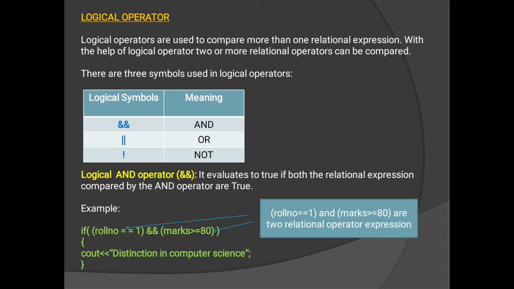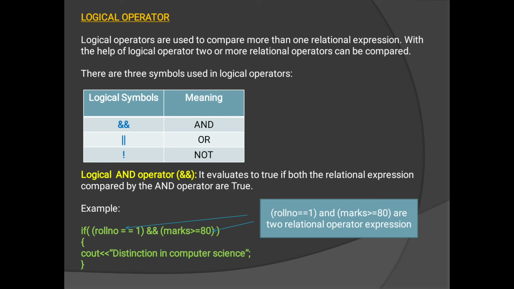When you have to compare more than two variables' values, or when you compare two relational expressions, then you use the logical operator. With the help of the logical operator, two or more relational expressions can be compared. Here in this example you are comparing only two relational expressions, but you can compare more than two using the logical operator.